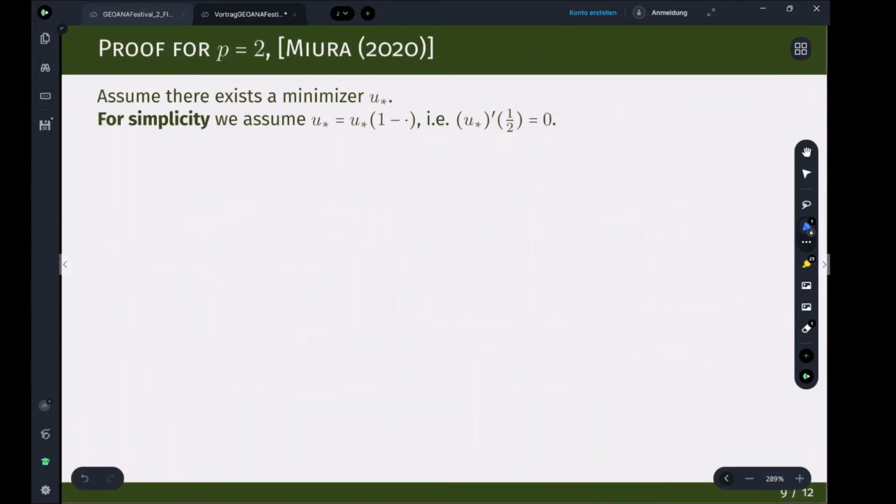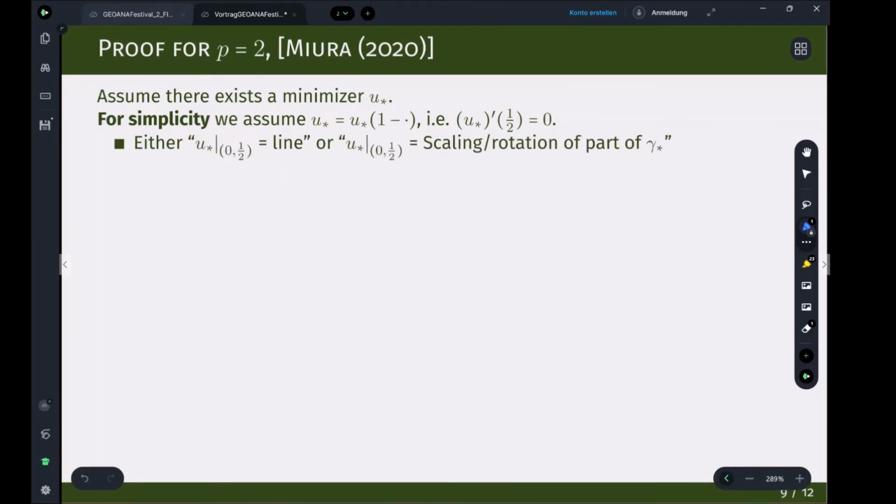And the reason is the following. So let's assume we have a minimizer that is in this admissible set M of psi, and so that lies above psi. And for simplicity, we assume that it's symmetric. One can repeat the same argument if the minimizer is not symmetric, but I will not go into details. We assume that here only for simplicity.